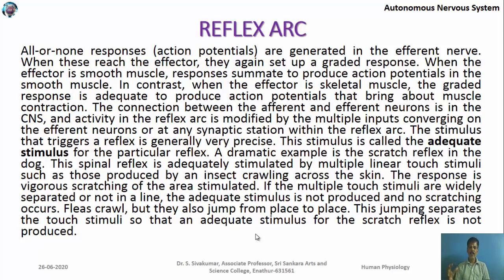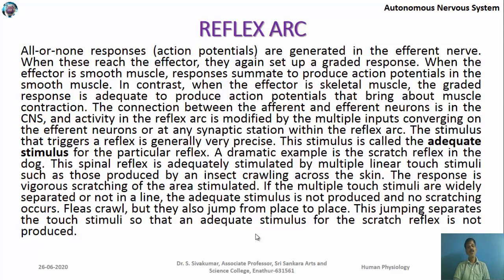Okay, so when the sense organ is stimulated by the tick, that is realized by the afferent neuron, then the efferent neuron, then skeletal muscle contraction occurs, and the dog starts to remove the tick by using its leg. So it is an example for a reflex arc.